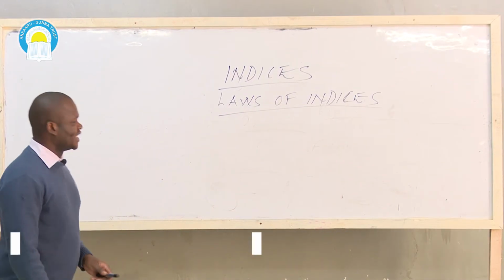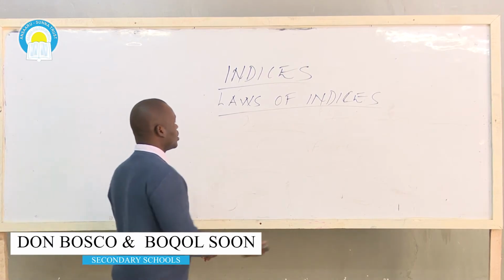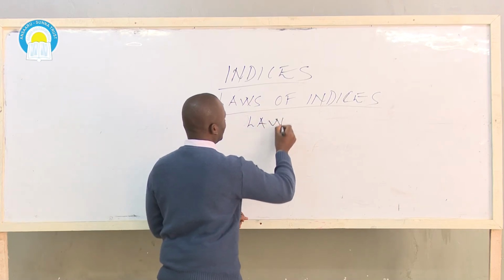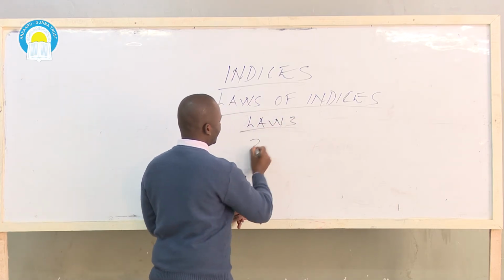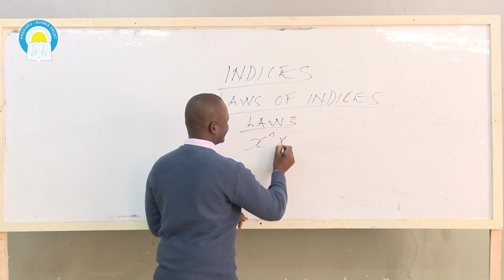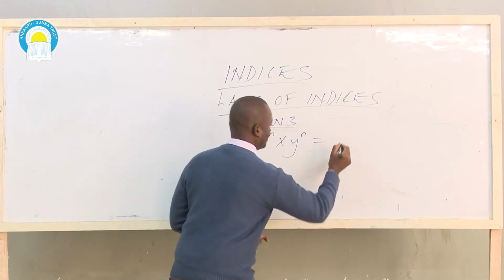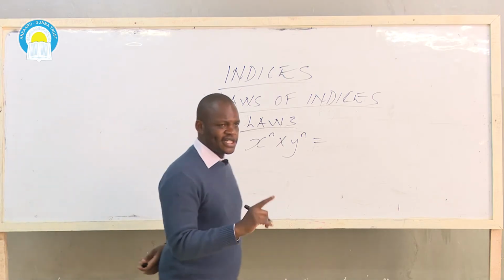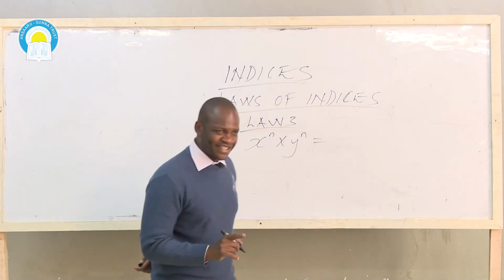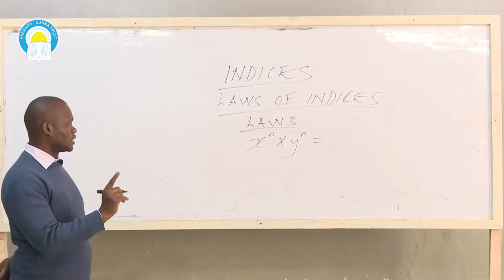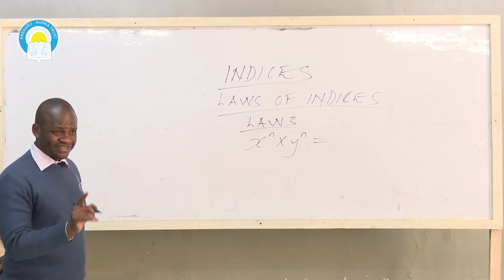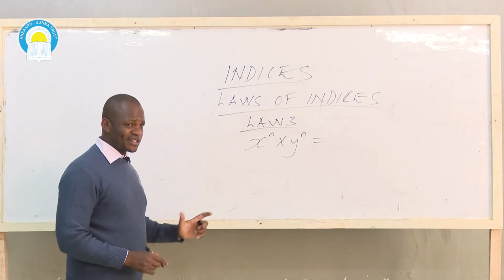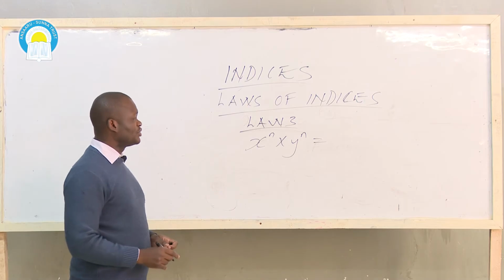Our third law is actually a law of multiplication, a law of multiplication having the same power. Remember, the first case we had law of multiplication having the same base. Number 2 was law of division having the same base. What do we have here? A law of multiplication having the same power.